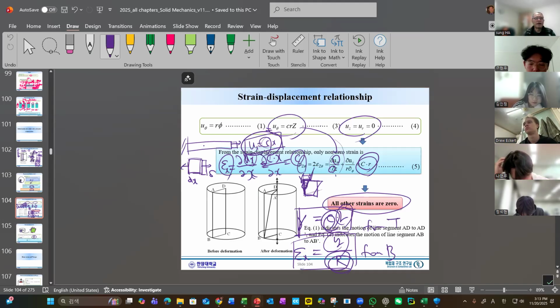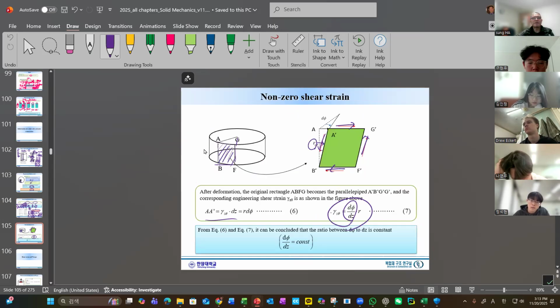And what was 1 over R? You remember? d phi dx, right? Exactly the same here, d phi dz. This one was from these relations, but gamma, aha, gamma is the d phi. D phi is this guy, okay?